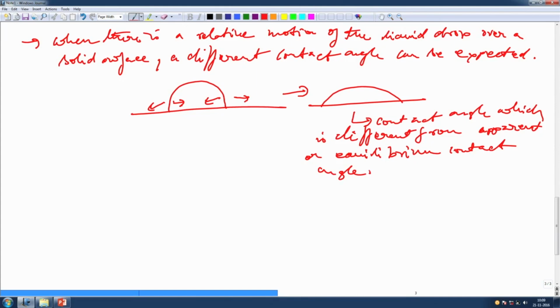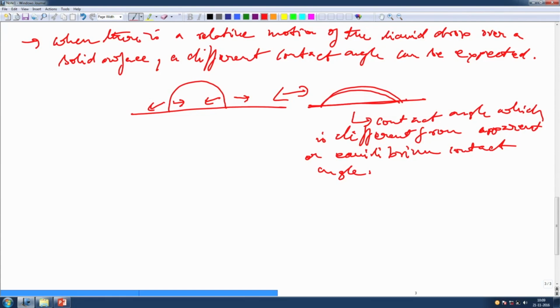Okay. So, when there is a relative motion between the drop and the surfaces, the contact angle is different at each time instant, and when this relative motion stops, this contact angle is different from the equilibrium contact angle that we defined earlier.